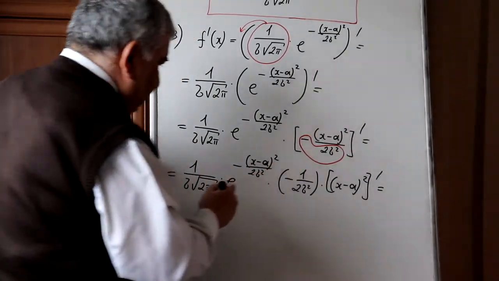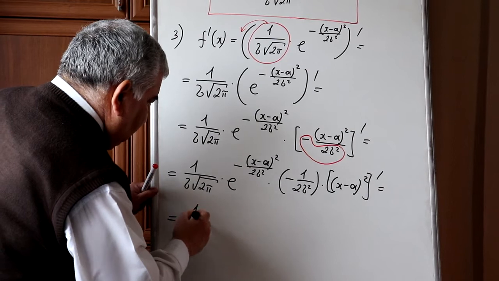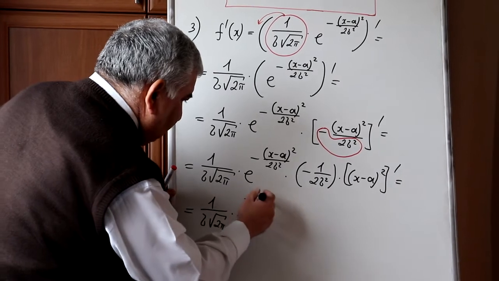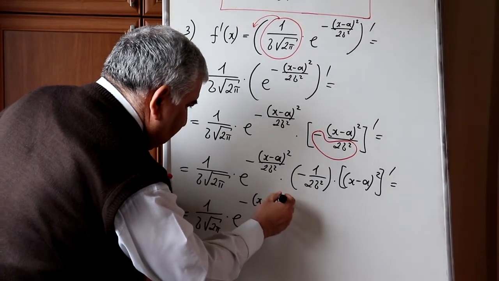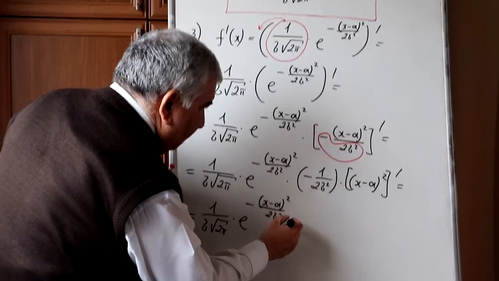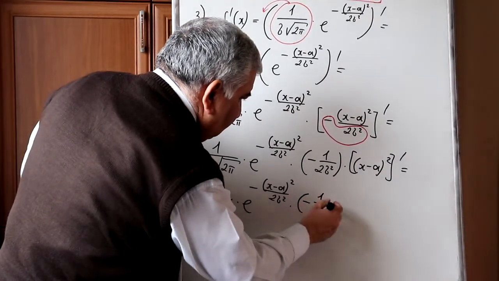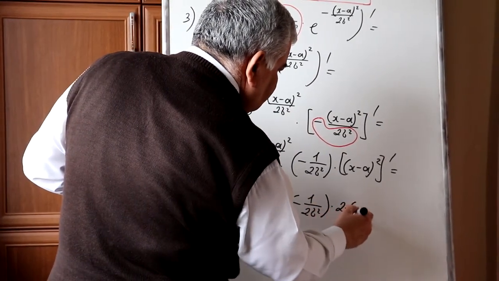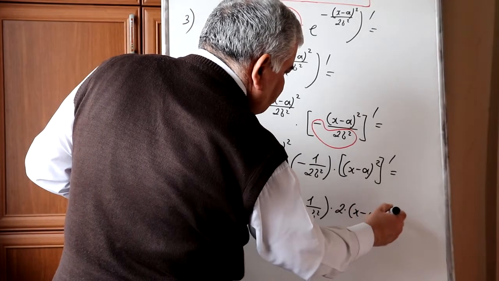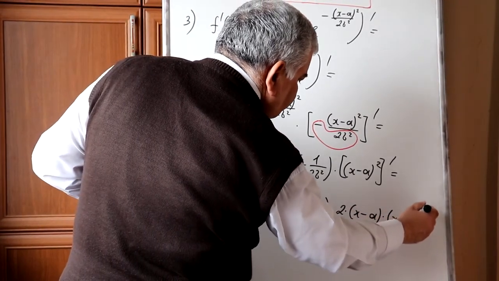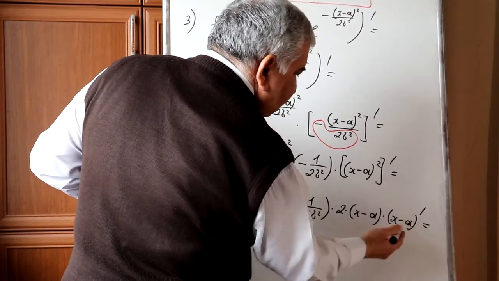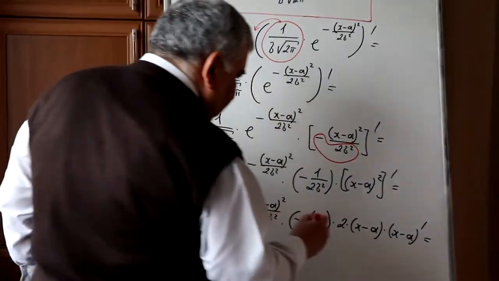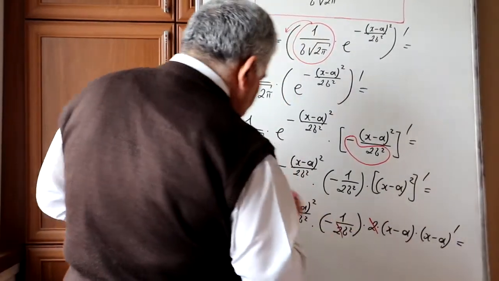Therefore, it is 1 over sigma square root of 2 pi multiplied by e raised to minus x minus a squared over 2 sigma squared multiplied by minus 1 over 2 sigma squared and multiplied by 2 times x minus a multiplied by x minus a prime. And x minus a prime is simply unit. And here 2 and 2 can be simplified.